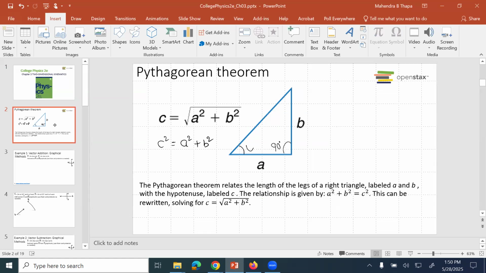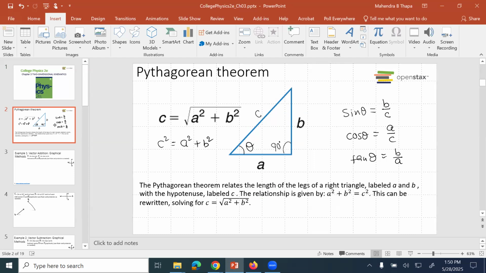If this angle is theta, then we can define sine theta equals B over this side C. We define cosine theta equals A over C. Then we define tan theta as B over A. Right?